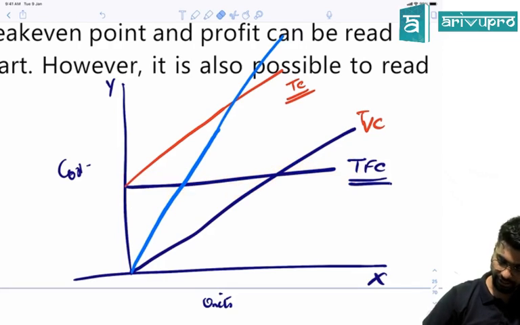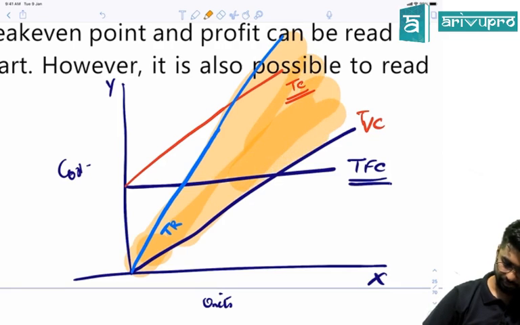This is my total revenue. The difference between total cost, sorry, total variable cost and total revenue. What is this area? Wrong, Nivedita. See here, I'm talking of this area, which I'm highlighting.